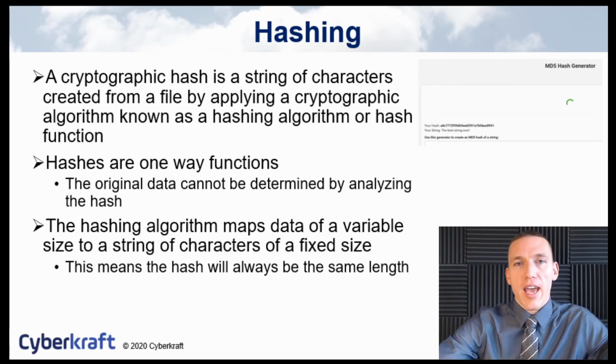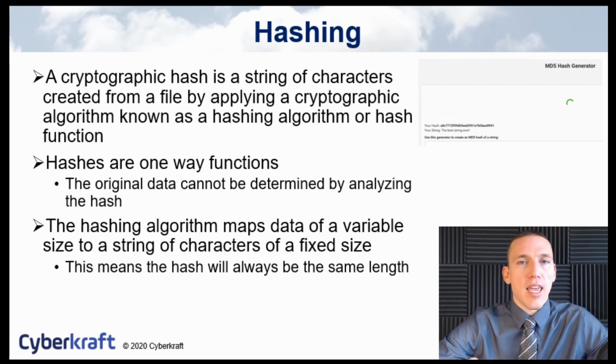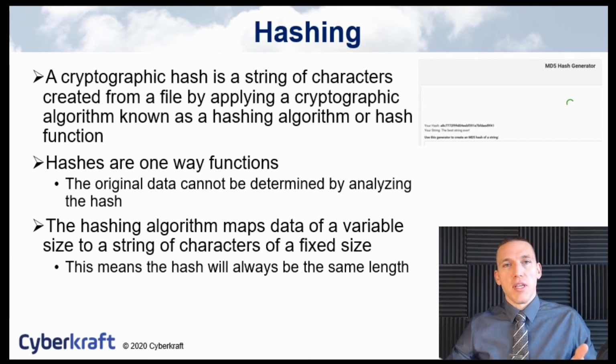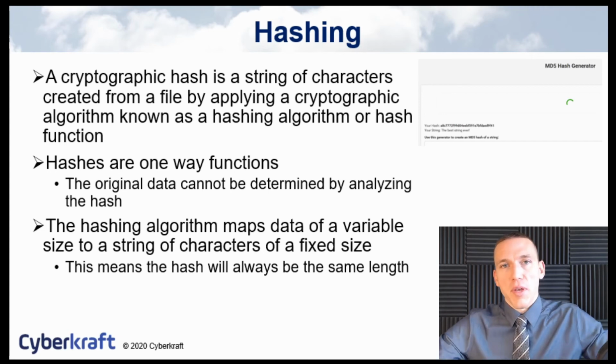And if you apply a hash to data and then send the data or transmit the data, the recipient can apply the same hashing function to that data, and then the two hashes can be compared, the hash from before transmission and the hash after transmission. If they're the same, then data integrity was maintained throughout that transmission.